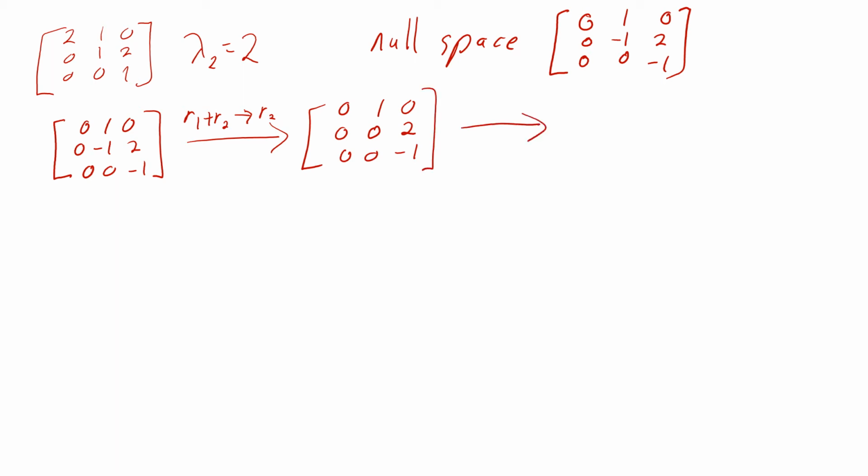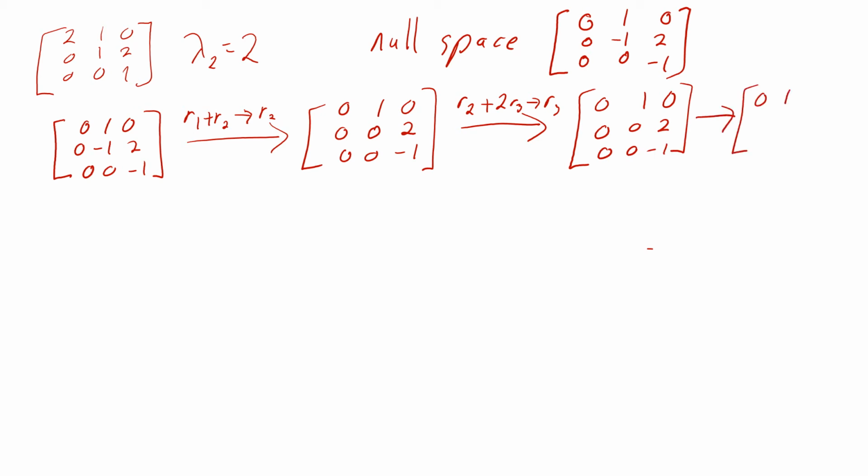And then we're going to do row 2 plus 2 row 3 is the new row 3. And then we can just take 1/2 of row 2. Oops, that's a 0 in there. There. So that's the row reduced echelon form.